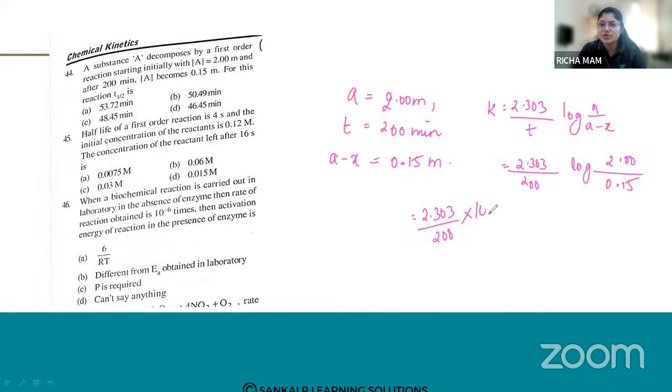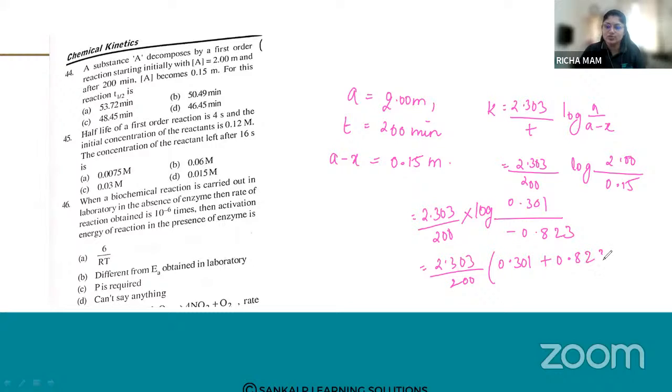So log of 2 is 0.301 and log of 0.15 is minus 0.823. So 2.303 by 200 into, we are removing the log, no? Log is over. Now into 0.301 plus 0.823. Just see how much you are getting now.